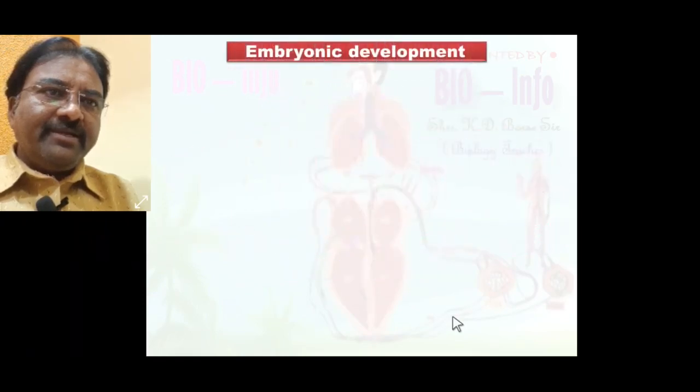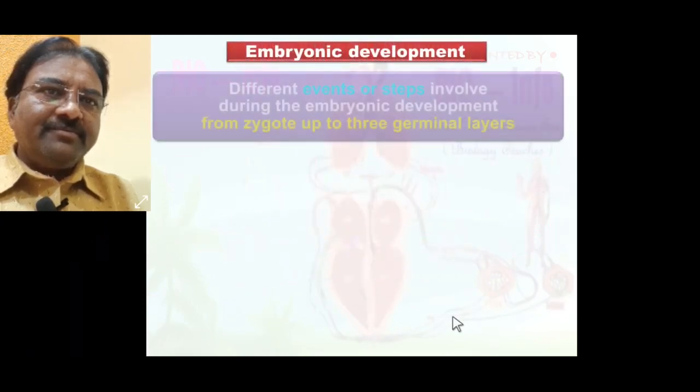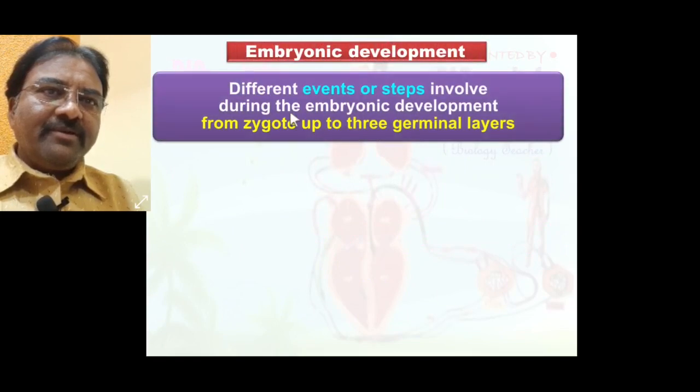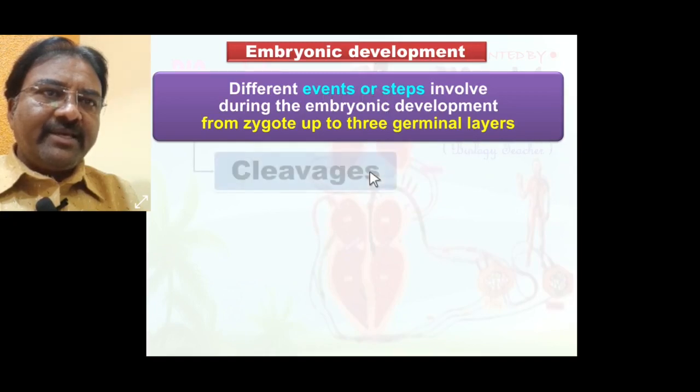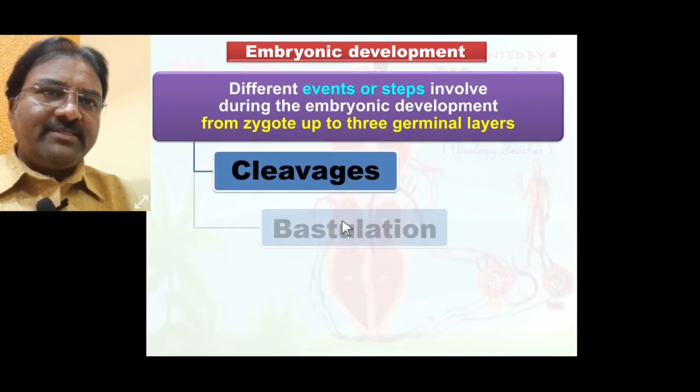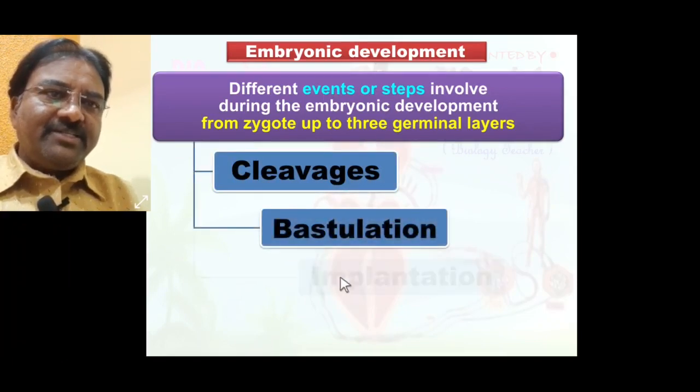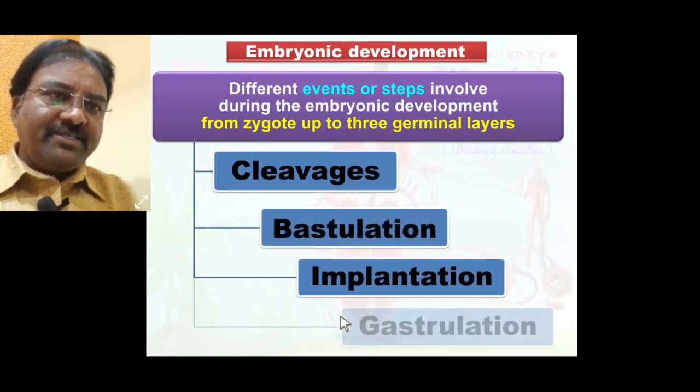Embryonic development from zygote up to the three germinal layers involves different events or steps like cleavage, blastulation, implantation and gastrulation.